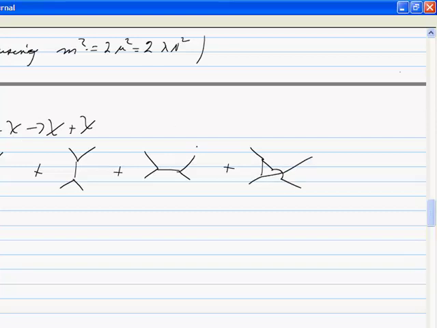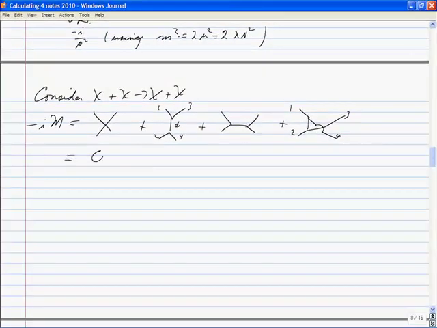So 1, 3, 2, 4, 1, 4, 3, 2. Okay, so again, everything's the same except I'm exchanging these. But now I have a different set of Feynman rules. Our Feynman rules for that guy were 0.